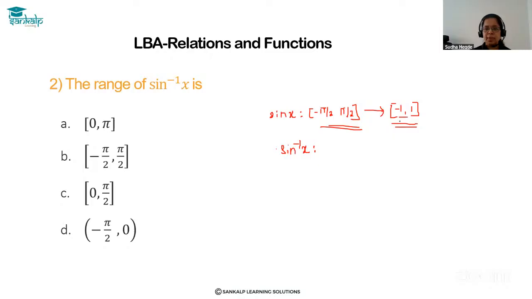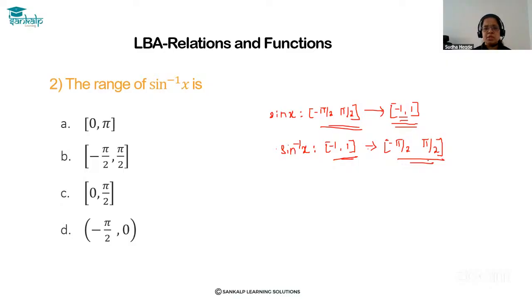It is from minus 1 to 1 to the closed interval minus pi by 2 to pi by 2. This is the general way we write a function, and in the same way we write it for trigonometric functions also. Therefore, this is the domain and this is the range.